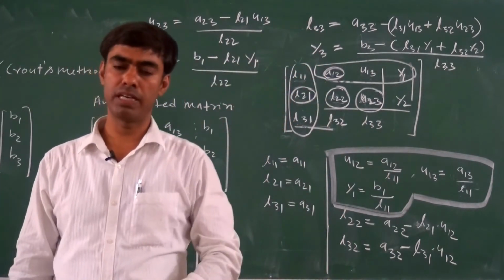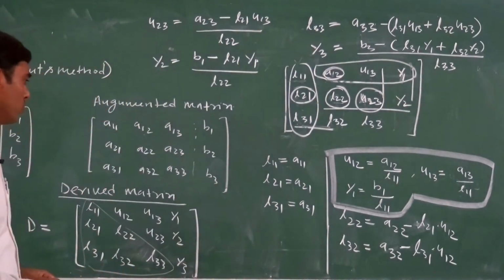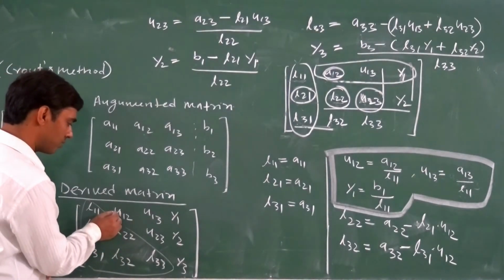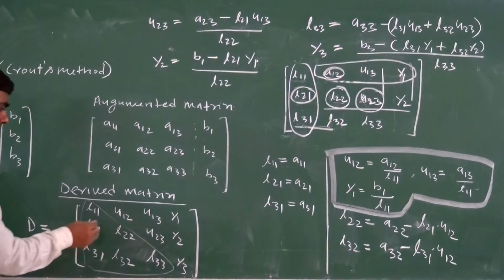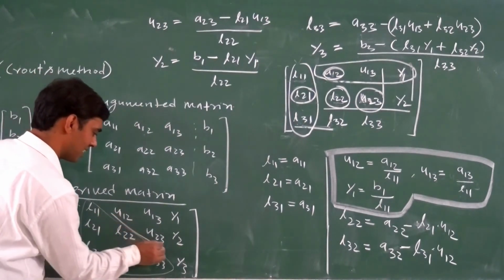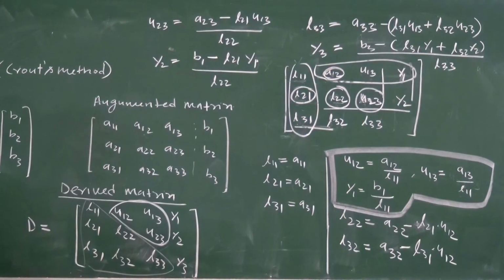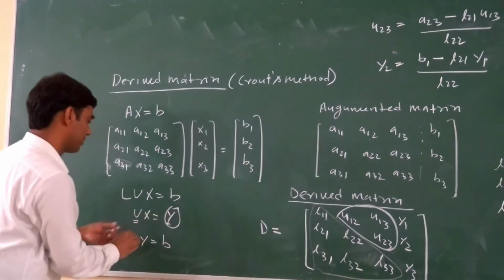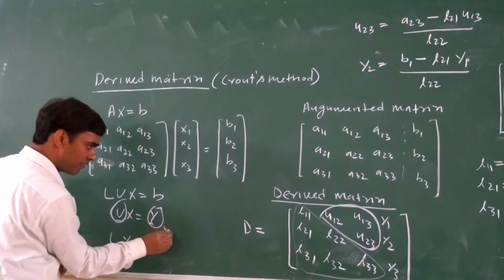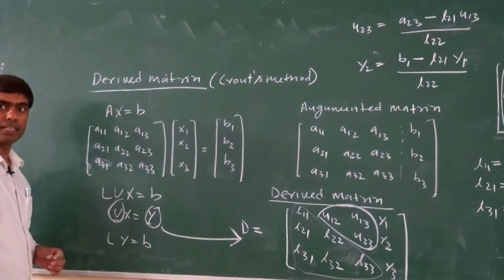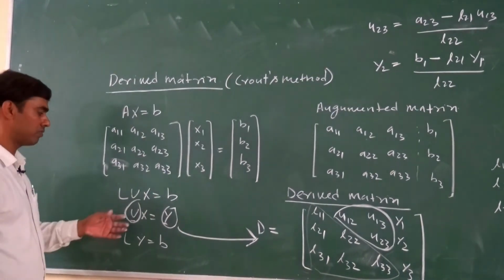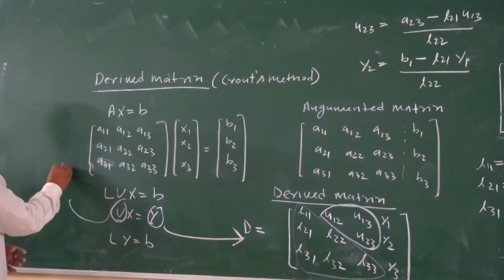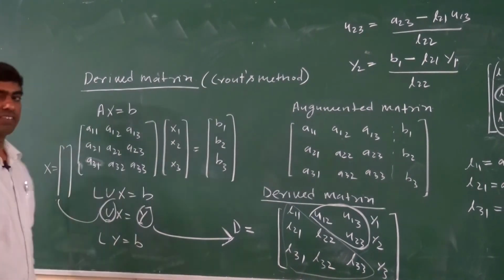Once we find the values of our derived matrix, we are able to retrieve the elements of the upper triangular matrix, and the values of y, with the help of the derived matrix. Once we find the values of U and y, we find the set of unknowns.